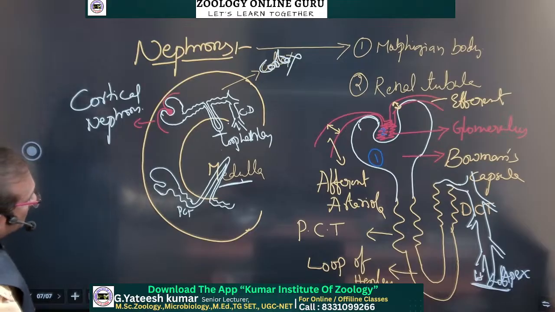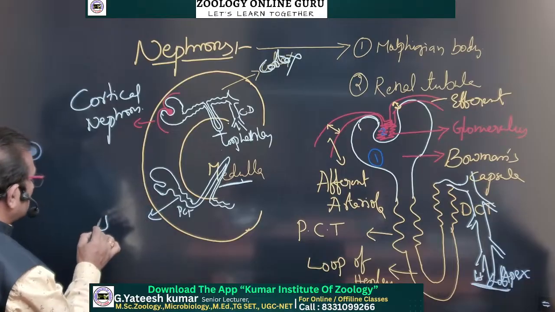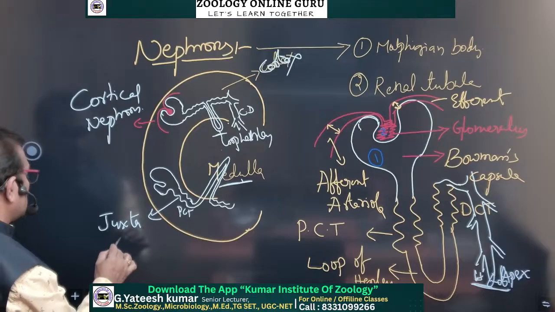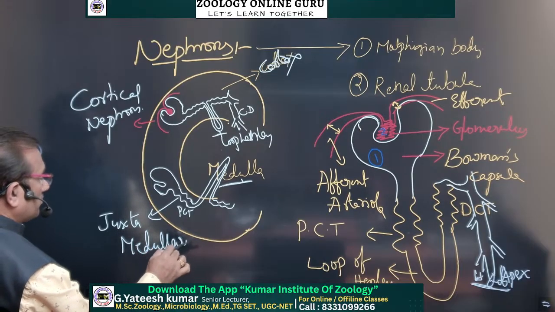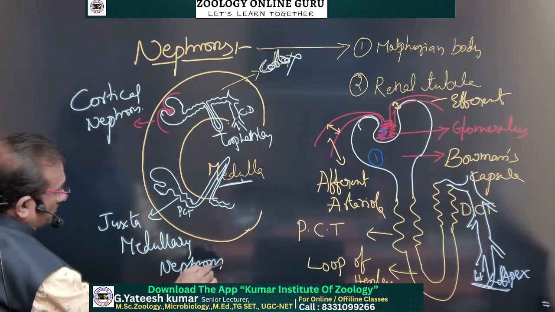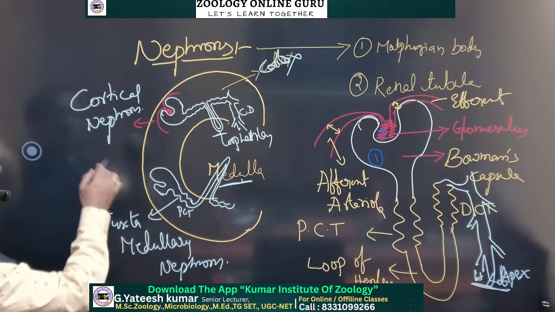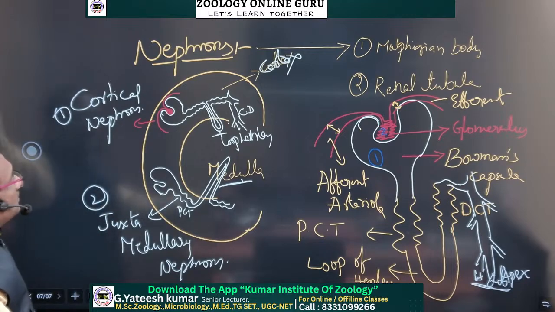These types of nephrons are known as juxtamedullary nephrons. So nephrons are of two types: cortical nephrons and juxtamedullary nephrons. Okay, so this is the arrangement of nephrons inside the kidney.